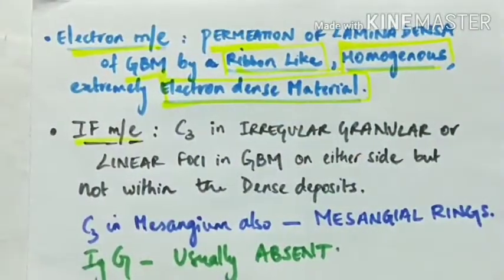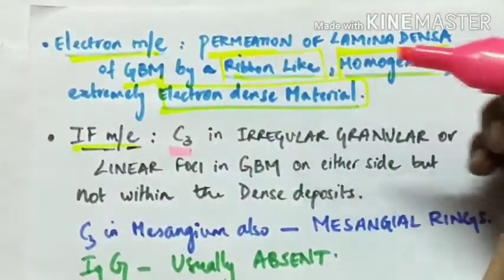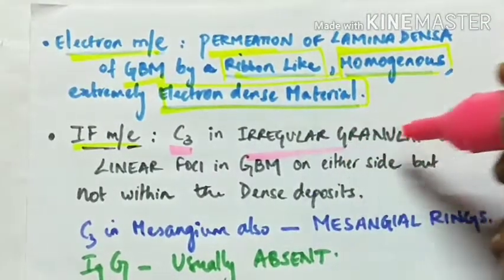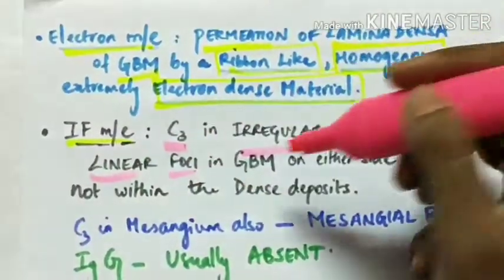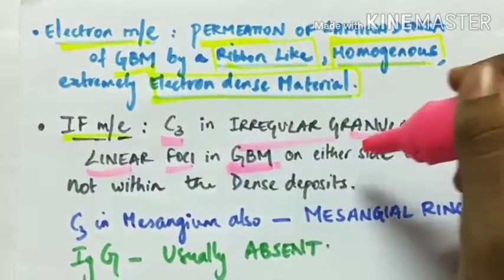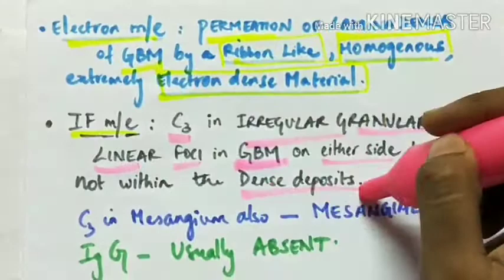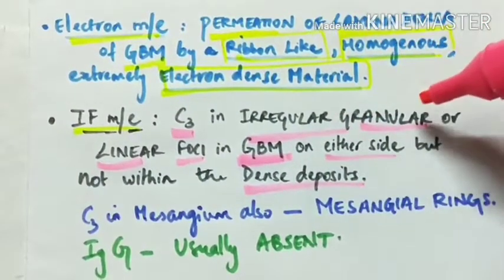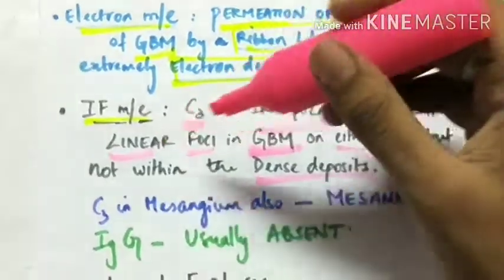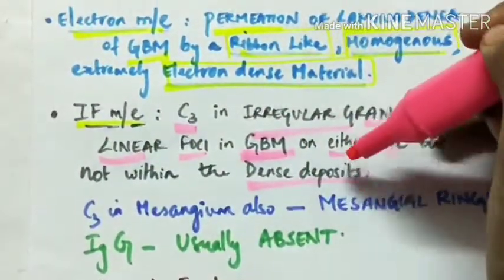Immunofluorescence microscopy. There is C3 deposition in irregular, granular or linear foci in the glomerular basement membrane on either side of it but not within the dense deposits.